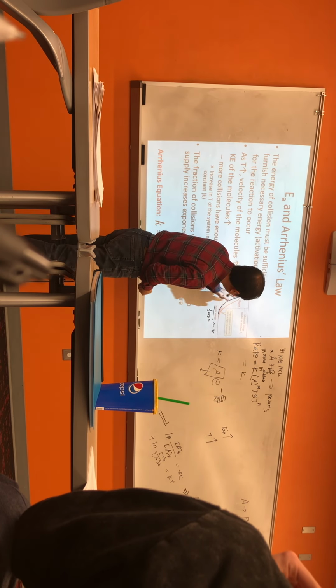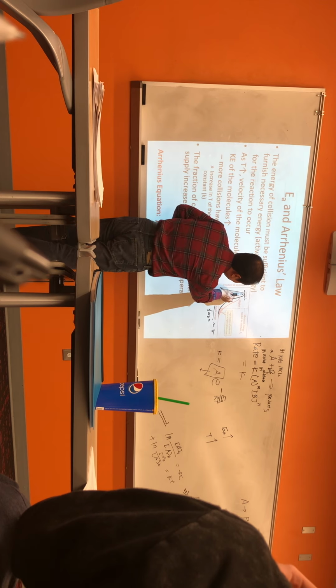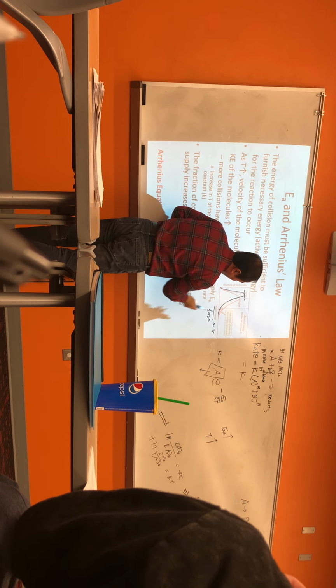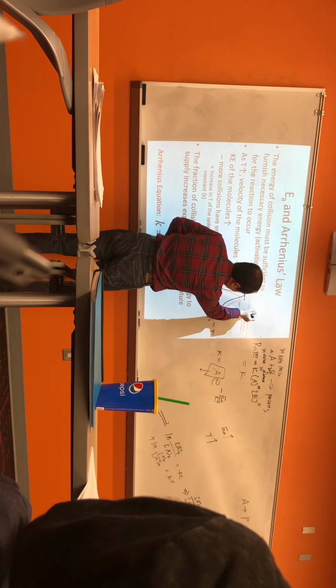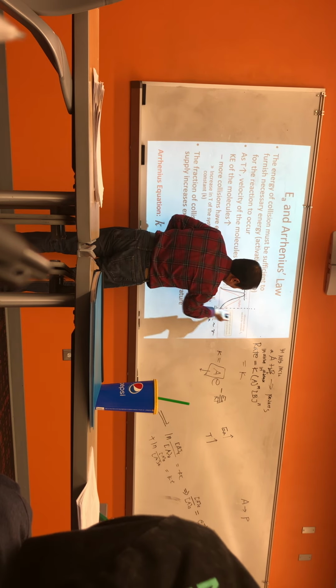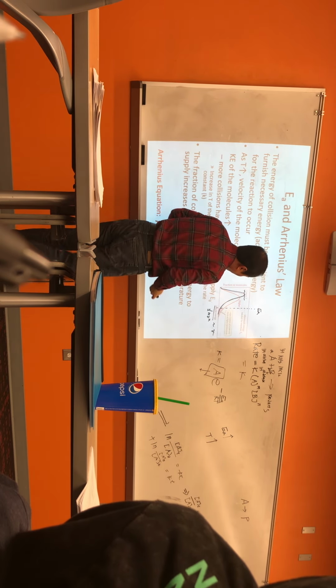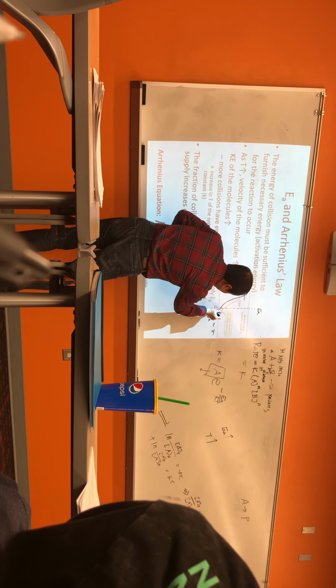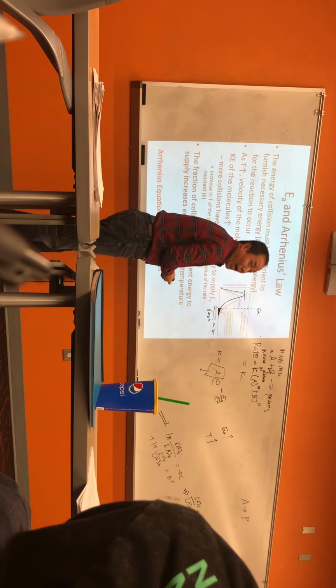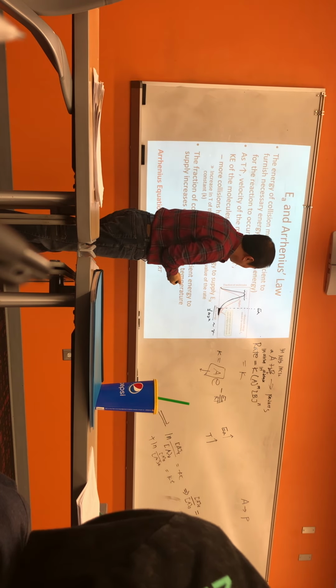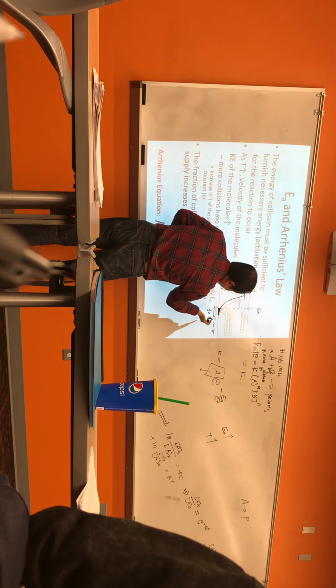So most molecules move from here to a little faster. This is the activation energy right here. At low temperature, only this portion of the molecules will have higher energy than the activation energy. When the temperature is higher, you see more population. You look at the red line. You have more molecules with that higher energy.